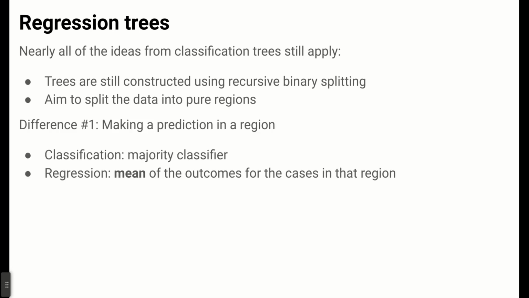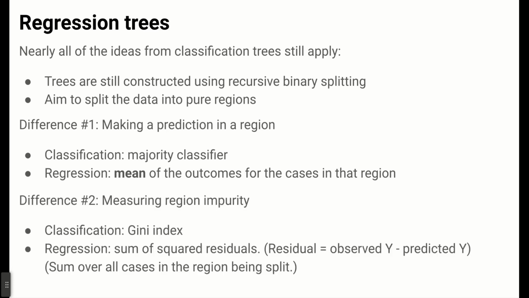The first point of difference is how a prediction for a region is made. With classification trees, the prediction for a region is the majority class. With regression trees, the prediction is the mean of the outcomes for the cases in that region. The second point of difference is how region impurity is measured.